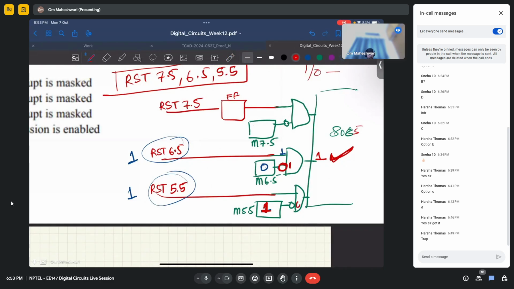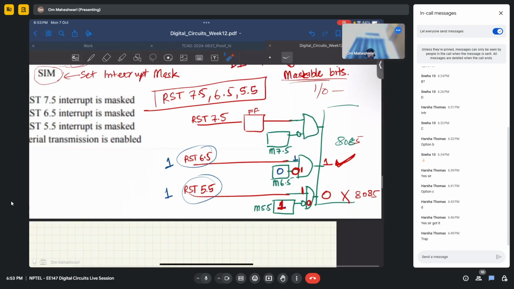If the 1 is here, 0 will be here, and AND of 1 and 0 will be 0. That means this interrupt is not received by 8085. So by setting 1 in these mask bits, we can ignore that interrupt. Whereas if it is 0, that interrupt will be acknowledged. So these are the mask bits.